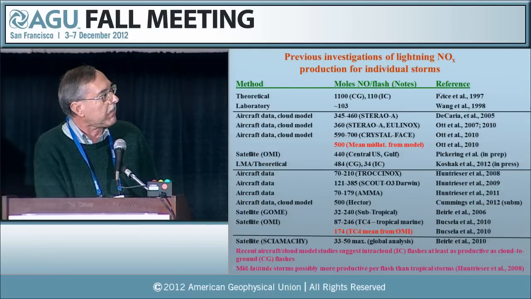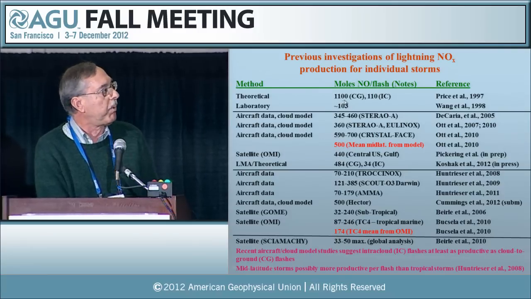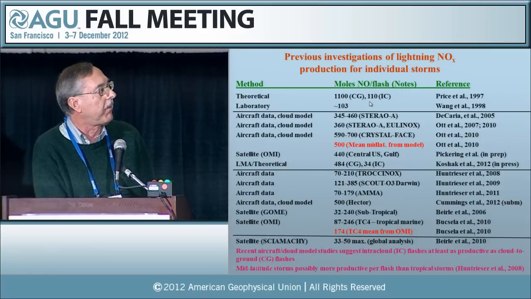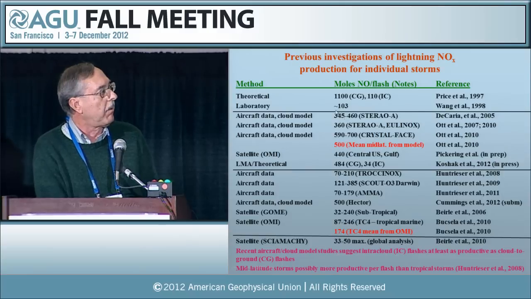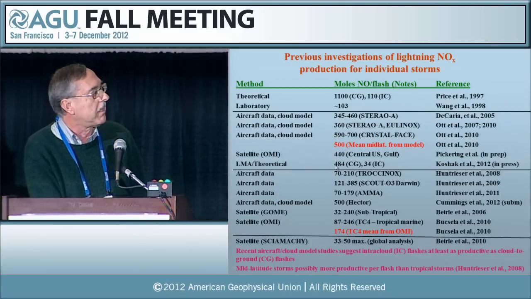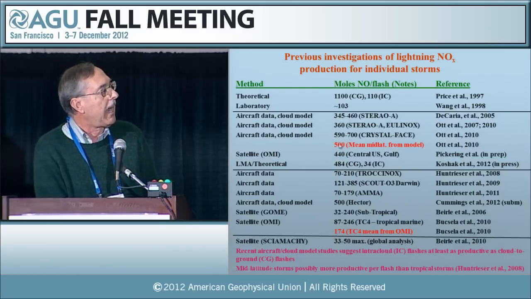Some theoretical estimates were as high as 1,100 moles of NO per flash for cloud to ground, and basically 1/10 of that for intercloud flashes. Some laboratory work gave about 100. Some of the work that my group has done for mid-latitude storms has come up with an average of about 500 moles per flash.